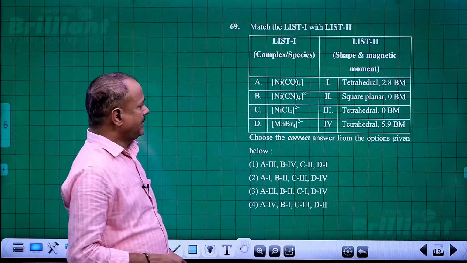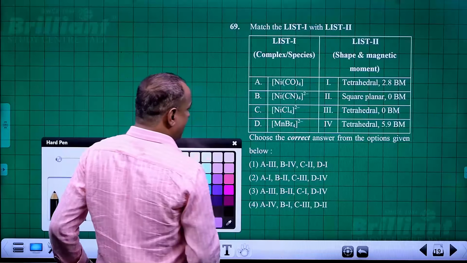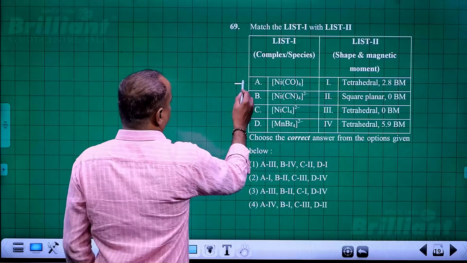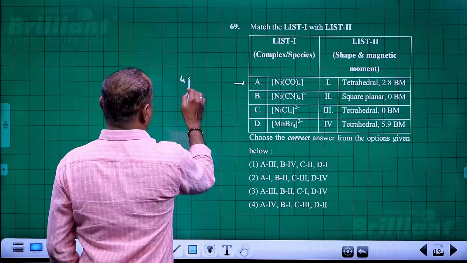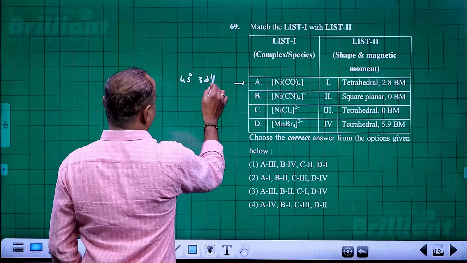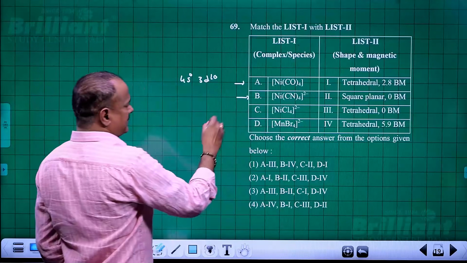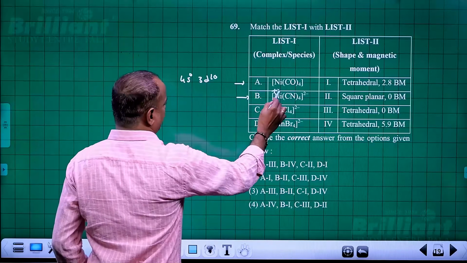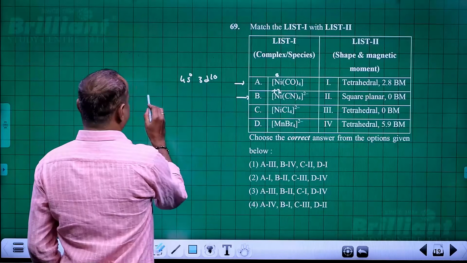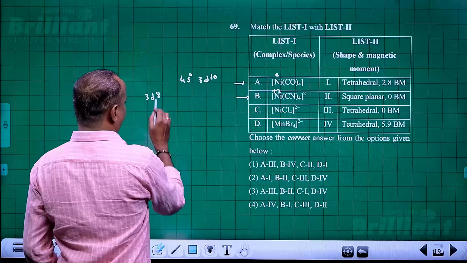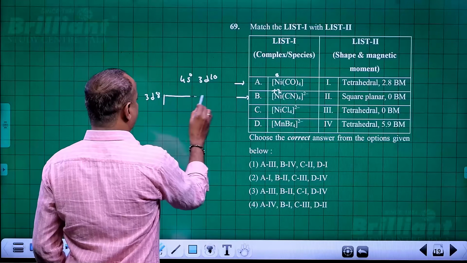Next, question 69. In Ni(CO)4, pairing takes place. 4s0, 3d10. Nickel cyanide: nickel in plus 2 state, and nickel 0 is 3d8; this also, pairing takes place.